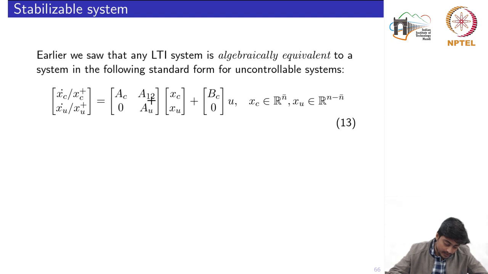This is the upper right-hand side triangular matrix in which we have decomposed, and similarly the B matrix, by introducing a non-singular matrix. If you want to recall the definition of algebraic equivalence, it was discussed in detail in the first week when we discussed the state space solution and realization.